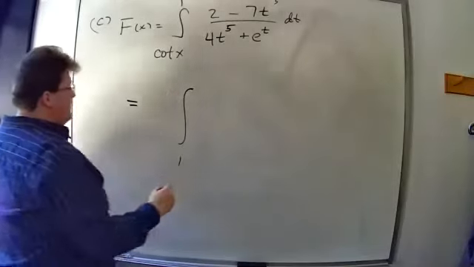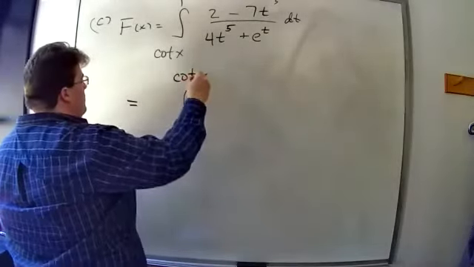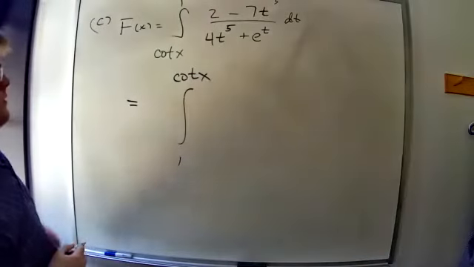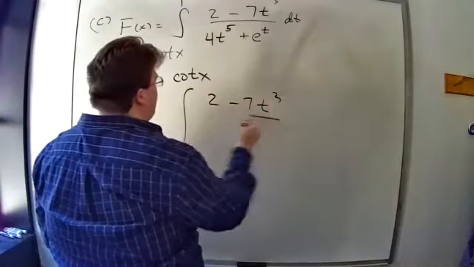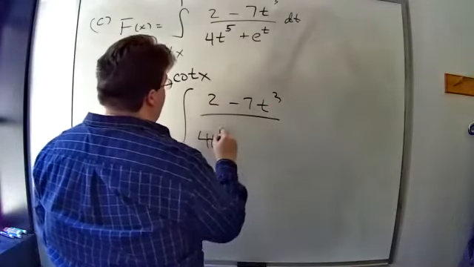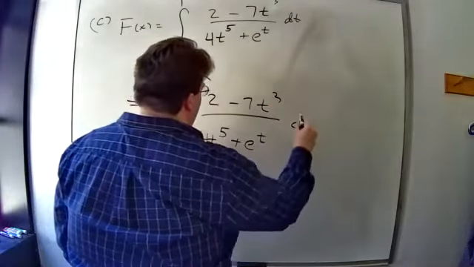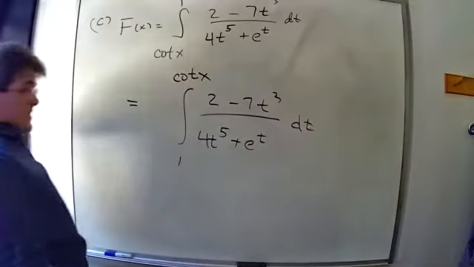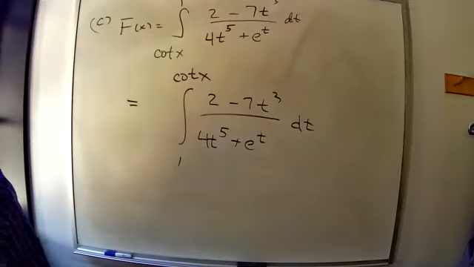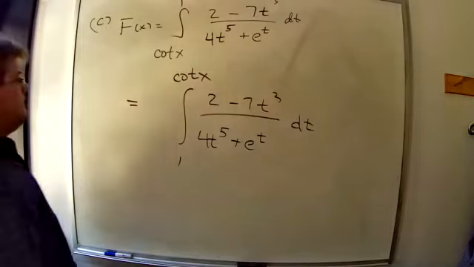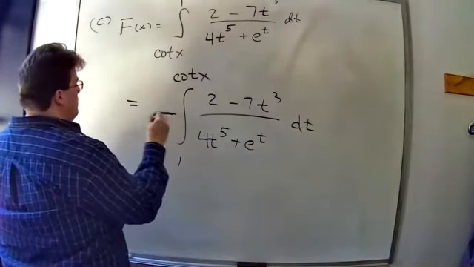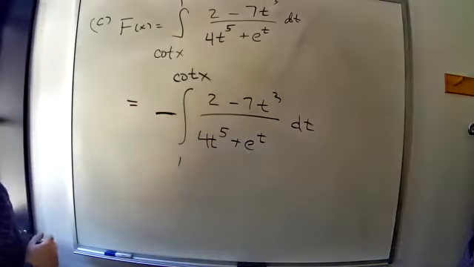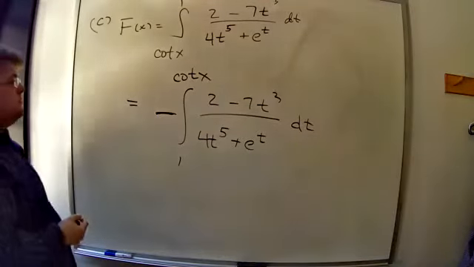How can we do that? Well, flip the bounds, cotangent of x, leave the function alone. But this equal sign is not true right now, because if you flip the bounds around, the cost is a negative sign. So now it is equal.